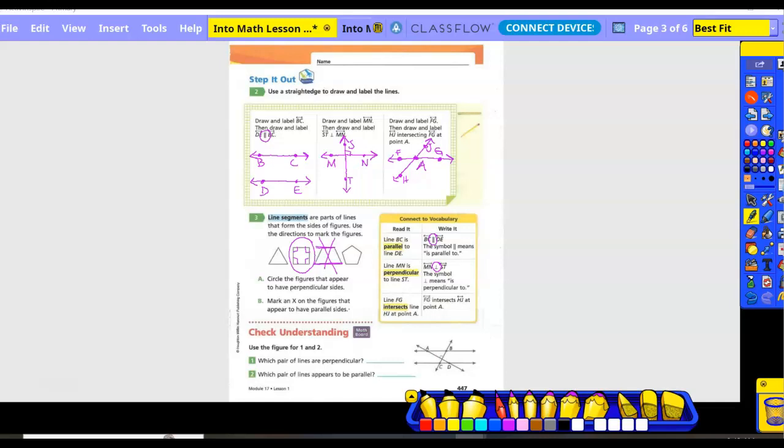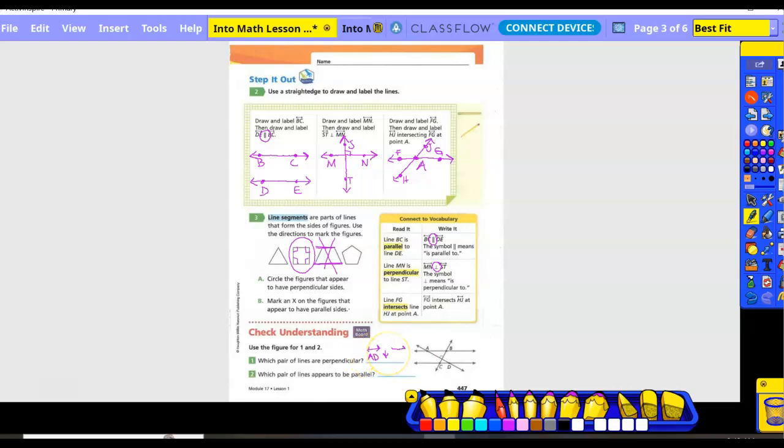So, which pair of lines are perpendicular? So, perpendicular lines have to form a what? A 90-degree angle. So, I'm going to put my little line symbol. And then what 2 letters can I do? Not A and B, but A and D, right?